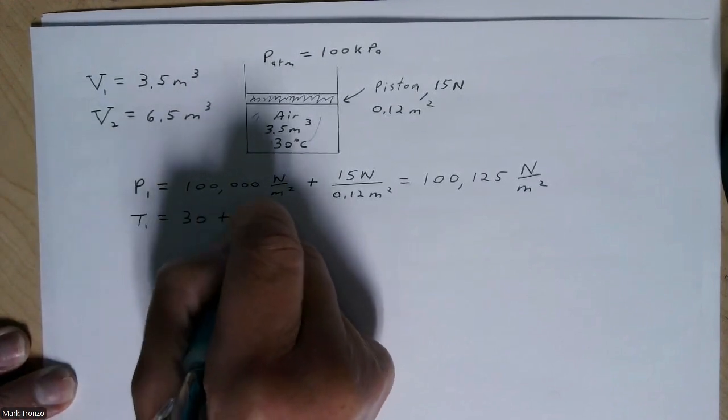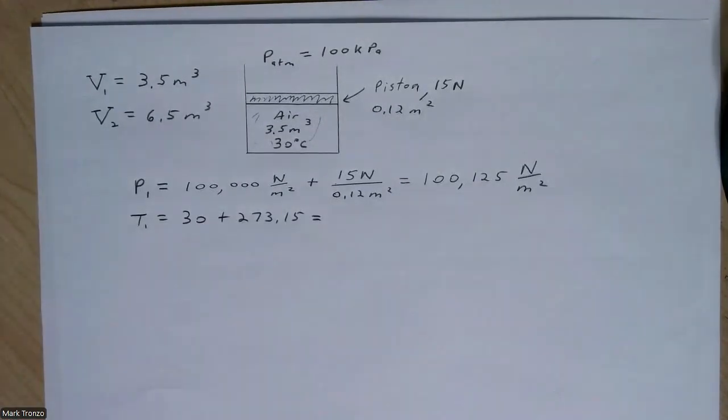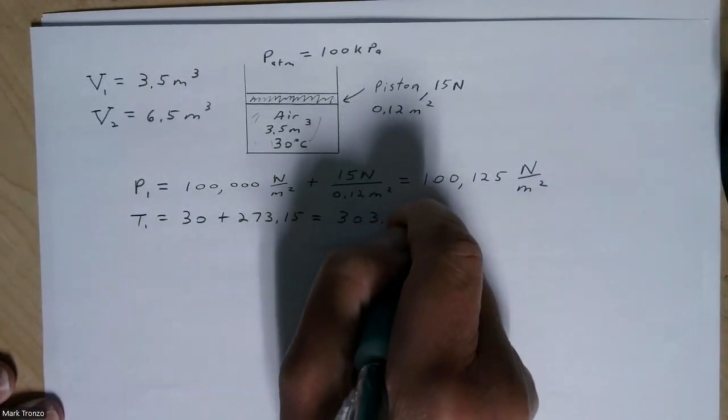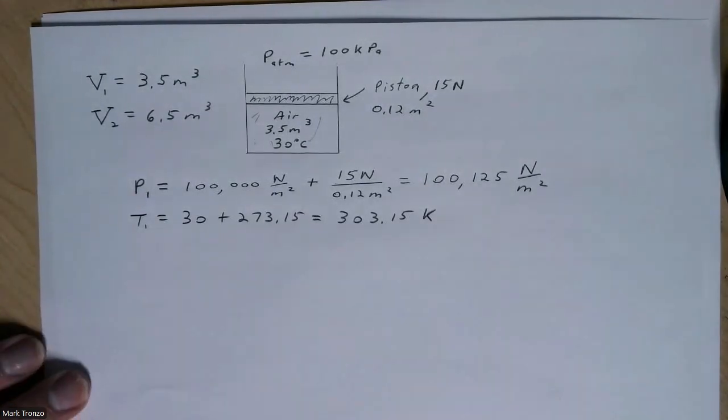And now the initial temperature is 30 degrees C. That's 30 plus 273.15 degrees K. And let's see.